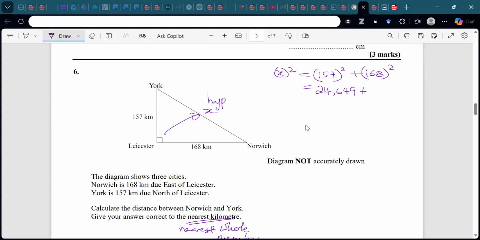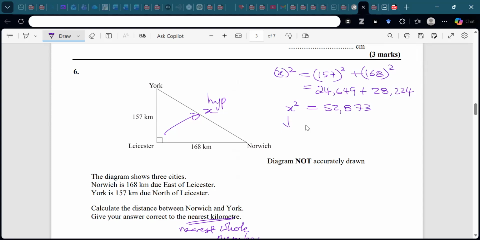So 157 squared is going to give us 24,649, and 168 squared is going to give us 28,224. So in total, we end up with 52,873, and that is x squared.